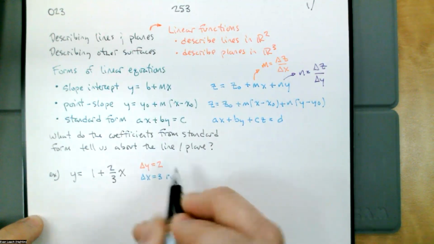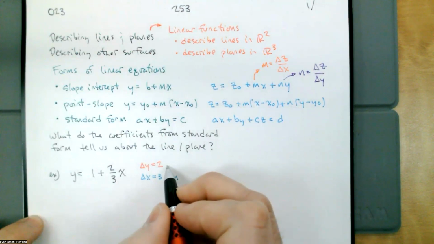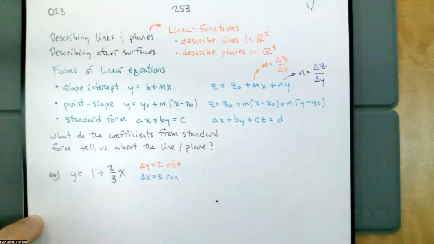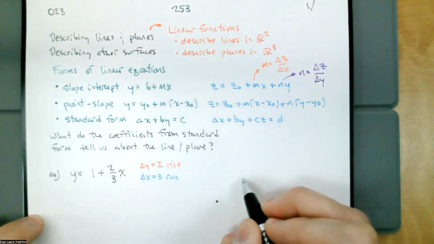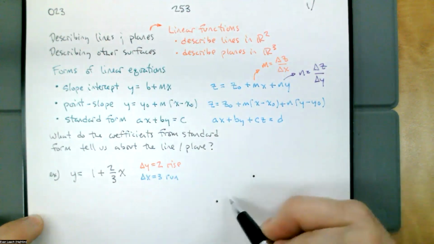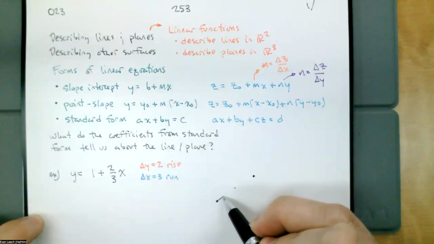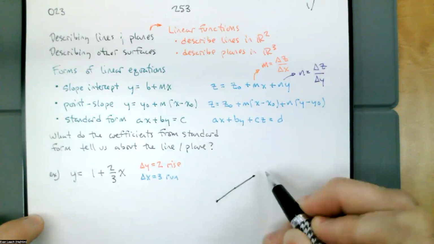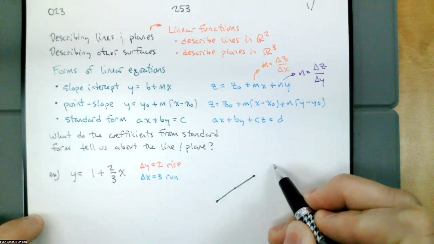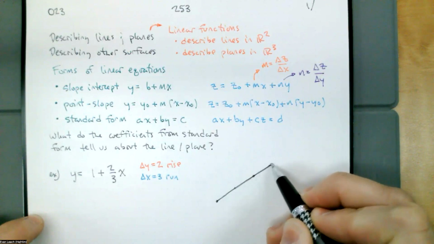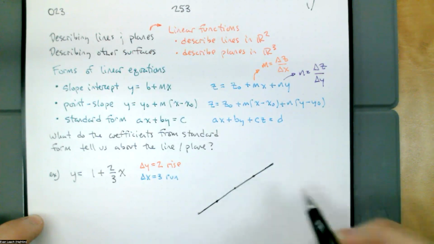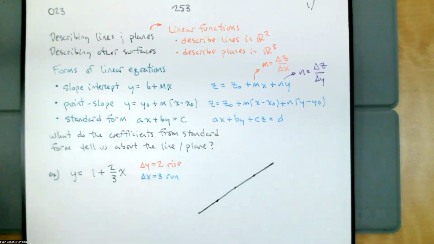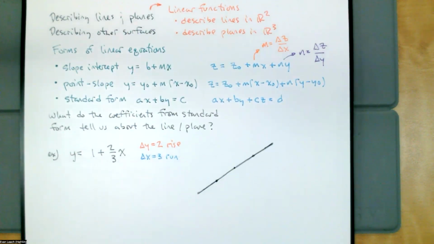So this is normally known as the run. And our change in y is normally known as the rise. So I'm going to do a 2 rise and a 3 run. There's a line with a 2 rise and a 3 run.